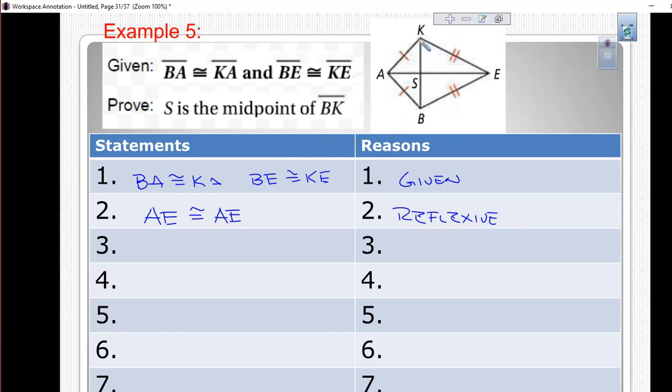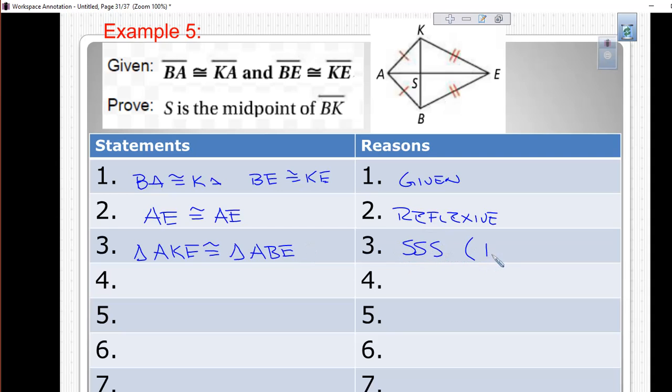So what we're first looking at is the two triangles, the top and the bottom. So this side is congruent to itself. Then now we can say that triangle AKE is congruent to triangle ABE. And our reason is going to be side, side, side.